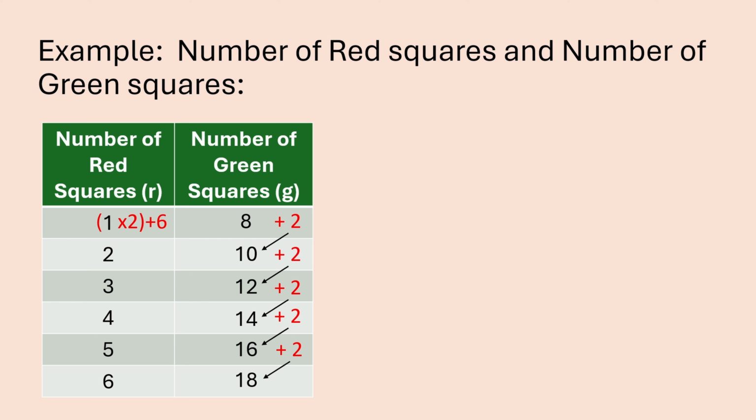For R is equal to 1, G is equal to 1 times 2 plus 6, which is equal to 8. For R is equal to 2, G is equal to 2 times 2 plus 6, which is equal to 10. For R is equal to 3, G is equal to 3 times 2 plus 6, which is equal to 12.